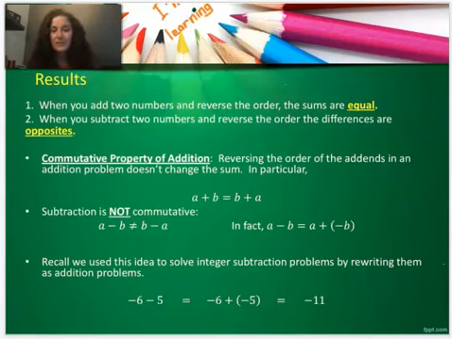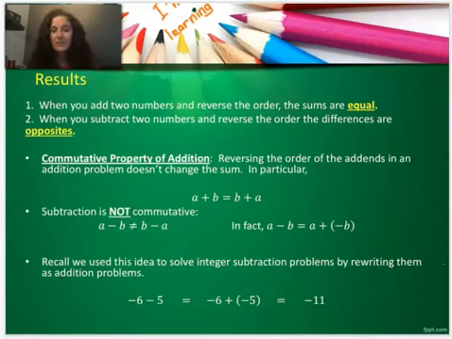Here's our number sentences. In part A, 3 batches times 6 cookies per batch would be 18 cookies. And in part B, 6 batches times 3 cupcakes per batch would be 18 cupcakes. So you get 18 either way, whether you do 3 times 6 or 6 times 3. So what we noticed was when we multiply two numbers and reverse the order of the factors, the products are still equal.